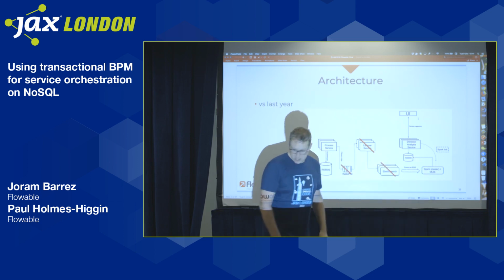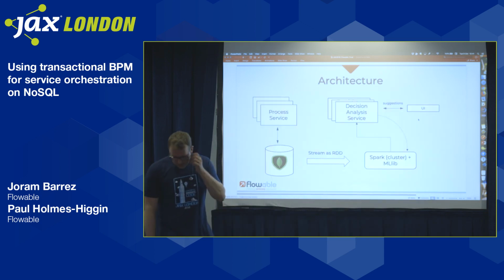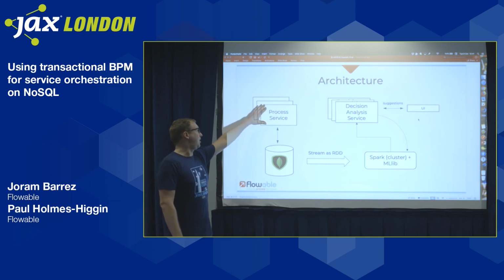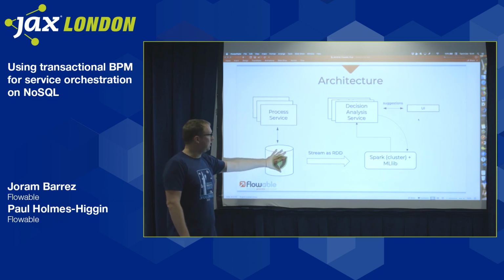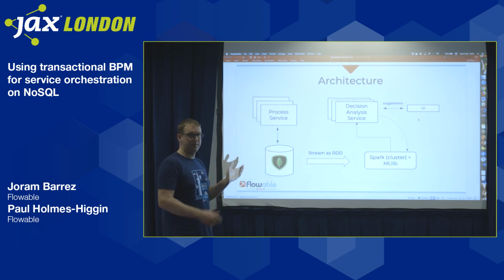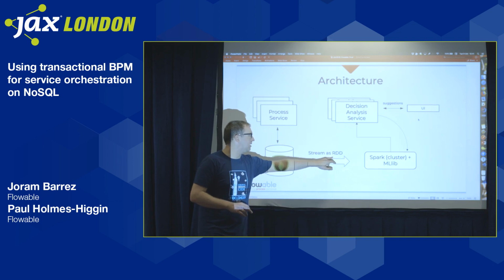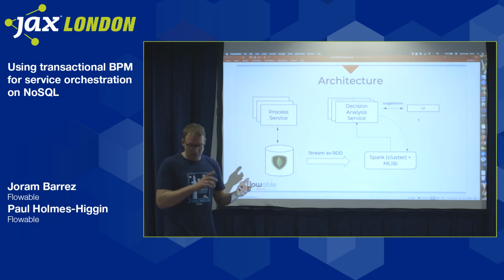Now, when using MongoDB, this is a bit simpler because we have the process service still continuously creating processes, but all the data is here, and Spark has the features, or the driver at least, the low-level driver to stream this as an RDD to Spark. Now, an RDD stands for Resilient Distributed Data Set, and it's quite an important concept. You will see it in the code.